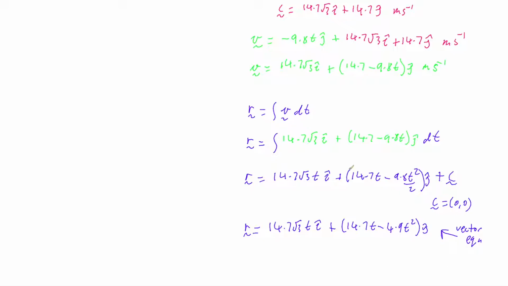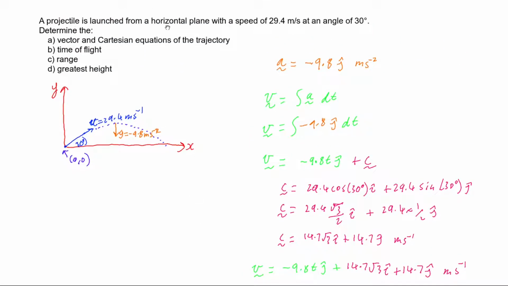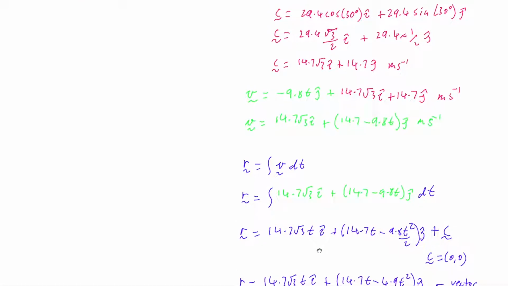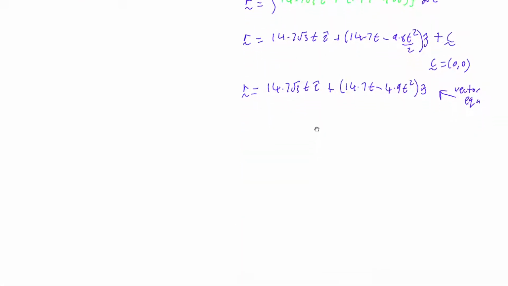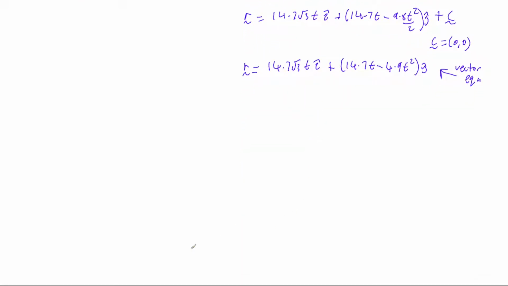So now that I've got the vector equation, it's also asked us to do the Cartesian equation. So I've got this parametric equation. I've just got to turn it into the Cartesian equation.